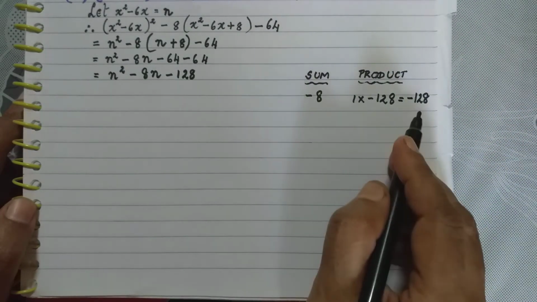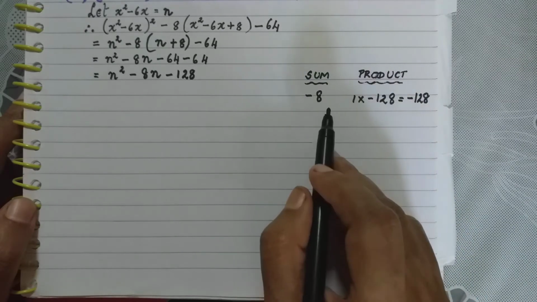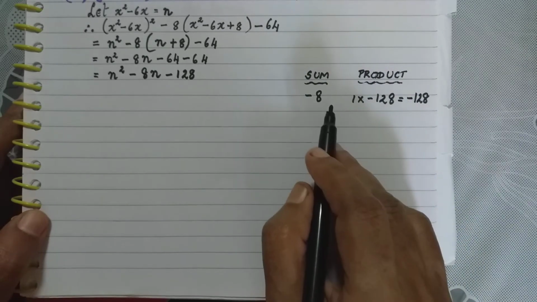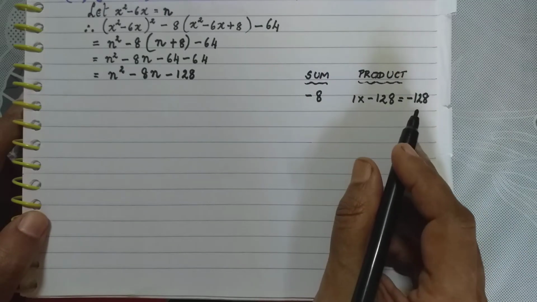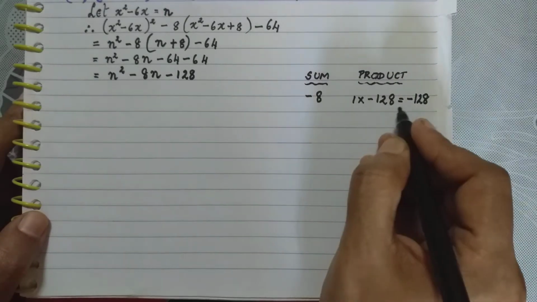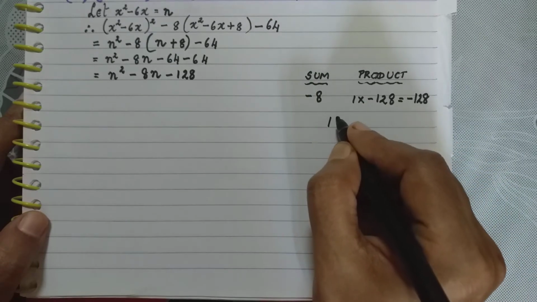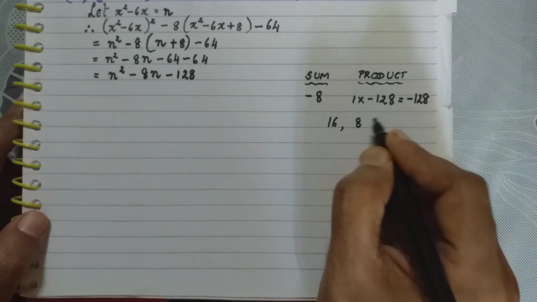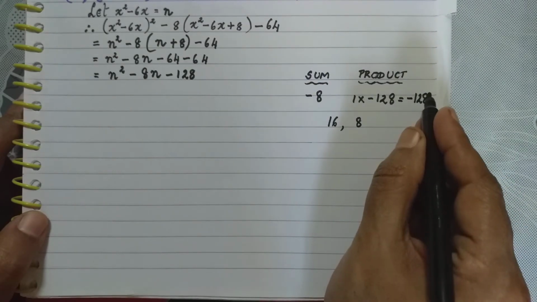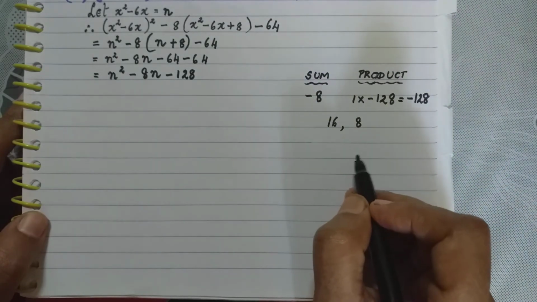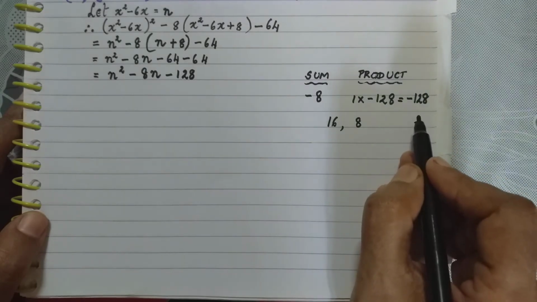So now we have to see which are the factors of 128. Now if we think of the factors, it is a bigger number. So we know that 16 and 8, when you multiply them, it becomes 128. Now let us think about the signs. The product sign is minus, right?